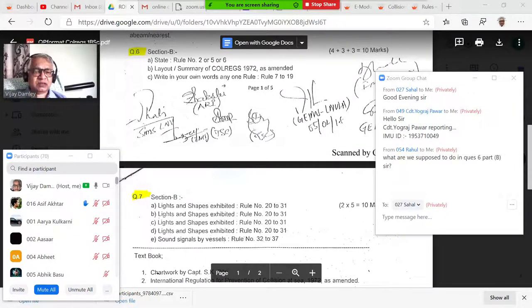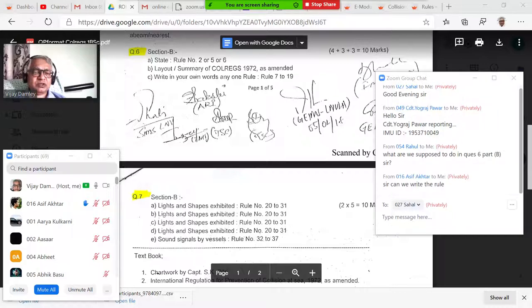Okay, now there is one question. Section part B, I will show you. No, you do not write the rules in section. It is just layout. That means a summary of these 41 rules. They are in different sections.